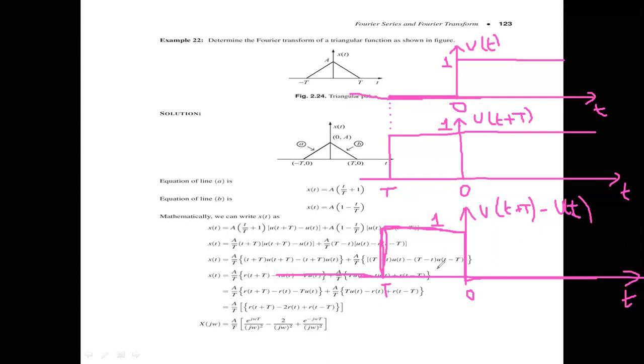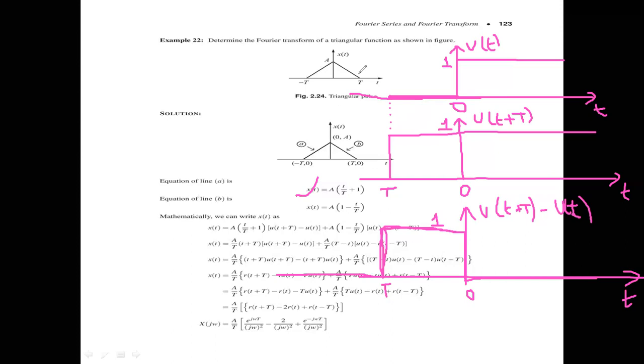And this function is multiplied with x of t, which is A into (T plus t) by T, or A into (1 plus t by T). See here, for A into 1 plus t by T, the slope equation is multiplied with the unit step function, subtracting mu of t plus capital T minus mu of t.